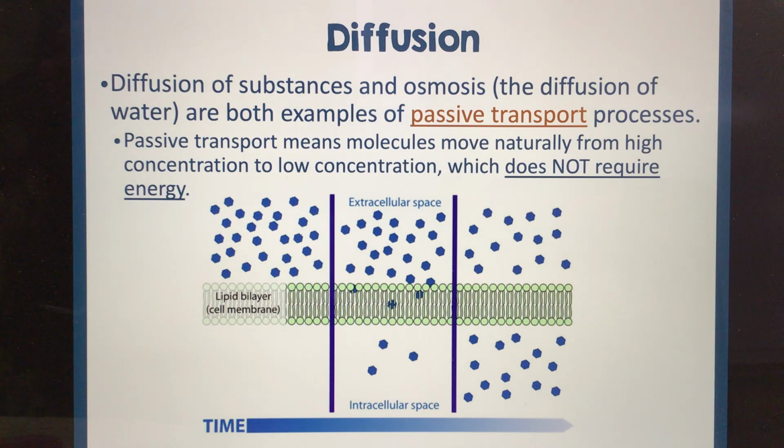It's just molecules moving from high concentration to low concentration, so it doesn't require any kind of energy. They're just passively moving, not having to act a whole lot. You don't have to write that entire thing, but if you want to, you can. You need to understand that passive transport is being able to move naturally, which doesn't require any energy. It's not exerting any energy to move from one place to another.